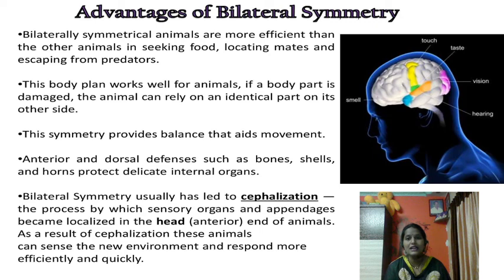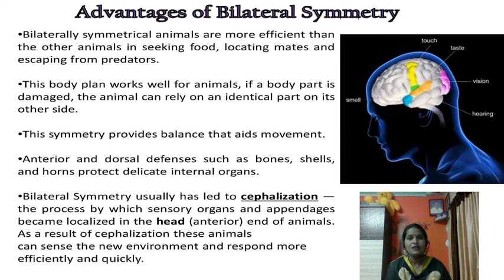What are the advantages of bilateral symmetry? Bilaterally symmetrical animals are more efficient than other animals in seeking food, locating mates, and escaping from predators. They can escape from predators very easily. So all these animals are higher organisms.